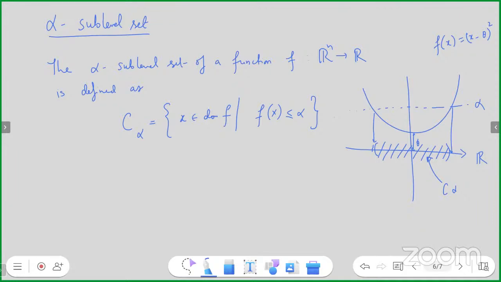Graphically, we can draw a function which is non-convex, but its alpha sublevel sets are perfectly fine.